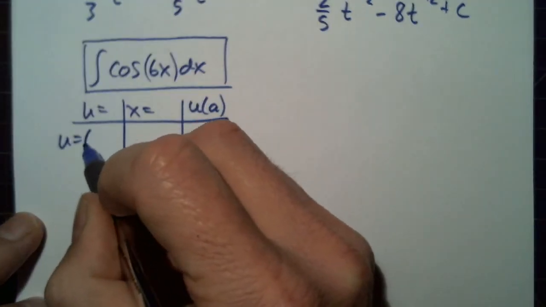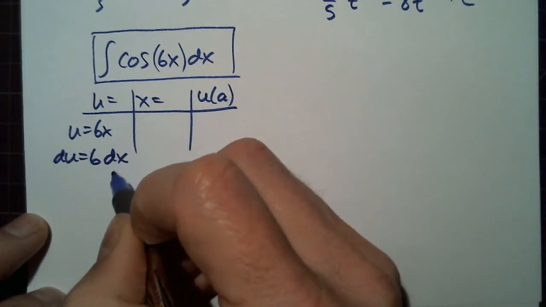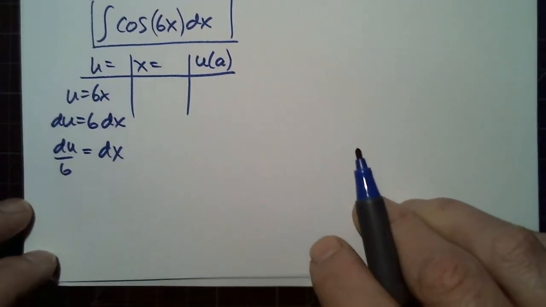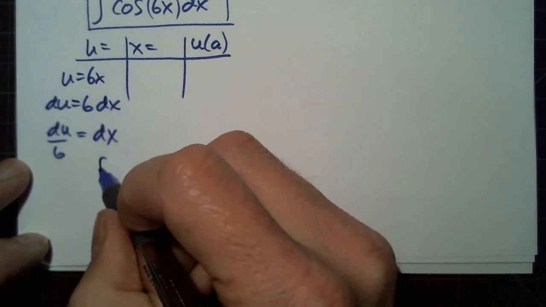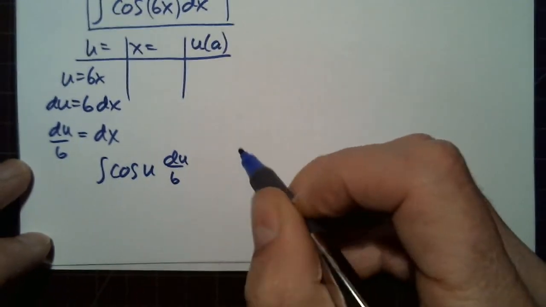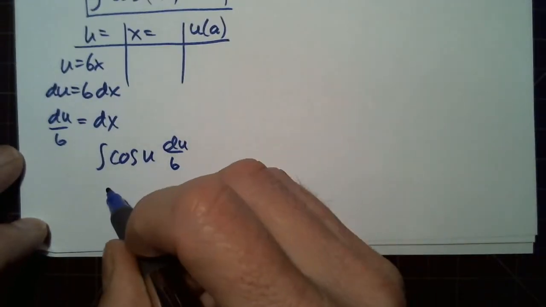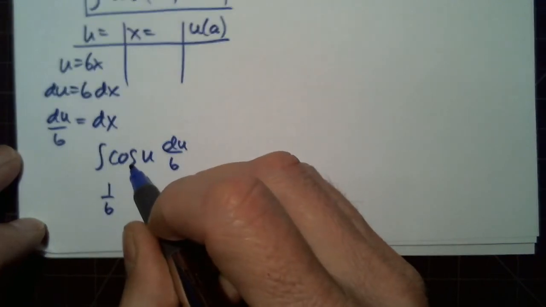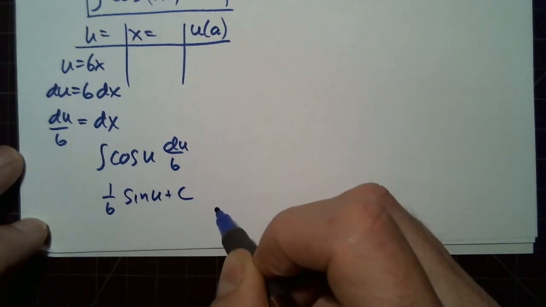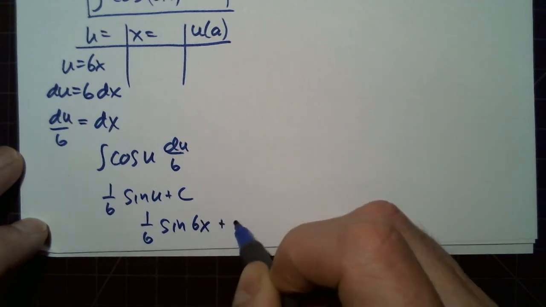So we have u equals 6x, du equals 6 dx, and now we have cosine of u du over 6. And that'll just be 1/6. The antiderivative of cosine is sine. So we have 1/6 sine 6x plus c.